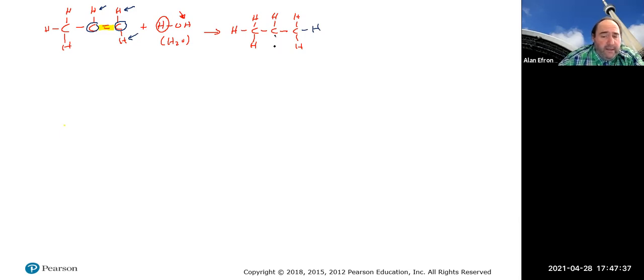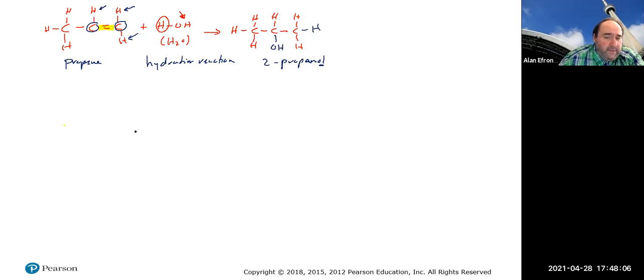The other guy would get our OH. So really here we go from 1, 2, 3. So this is propene to our 2-propanol over here, with the OH at the end of the name. This again is what is referred to as a hydration reaction.